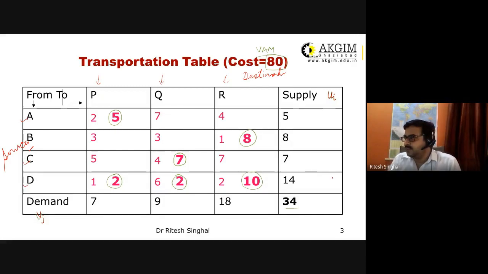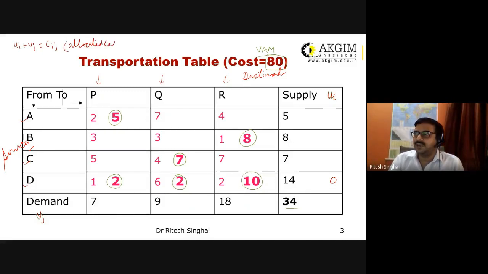So we have to take this particular Ui as 0. Set a value of Ui or Vj to 0 where we have the maximum number of allocated cells. Now we have to complete all the values of Ui and Vj such that Ui plus Vj equals the cost, for each allocated cell.